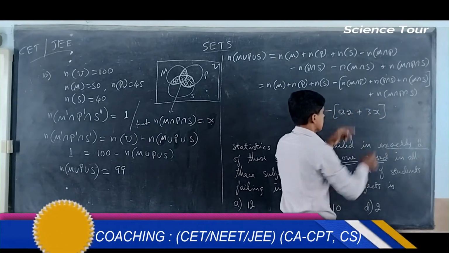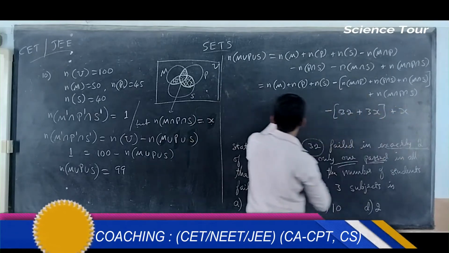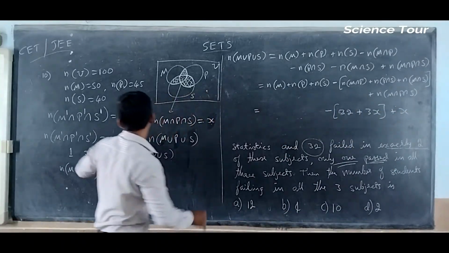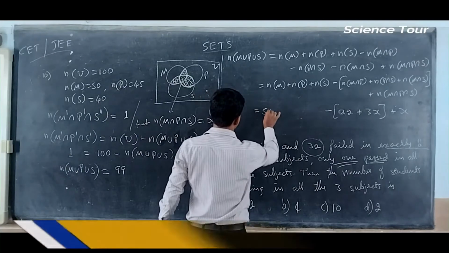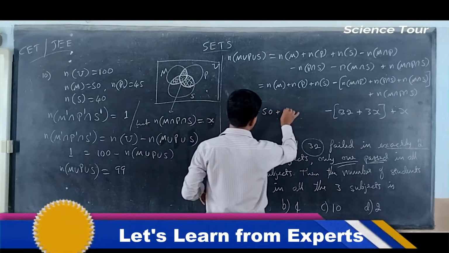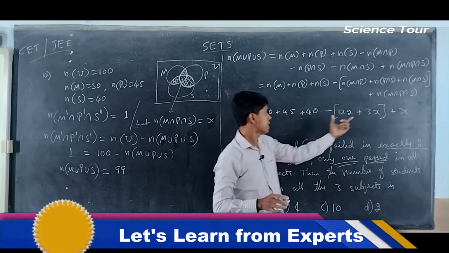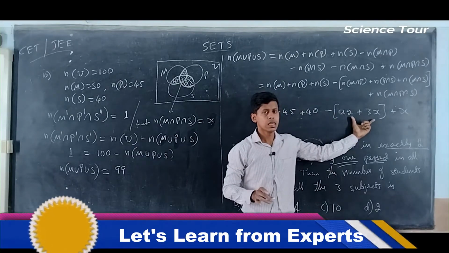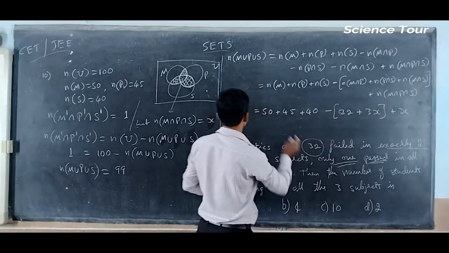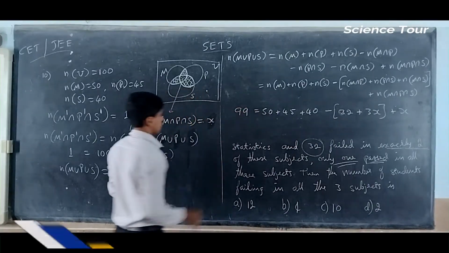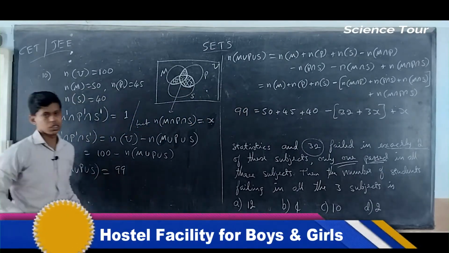Please understand this, and this is x, and this is 50 and 45 and 40. Well, if you get this right, then there is no doubt you will answer this question, and the union of all the three is 99.